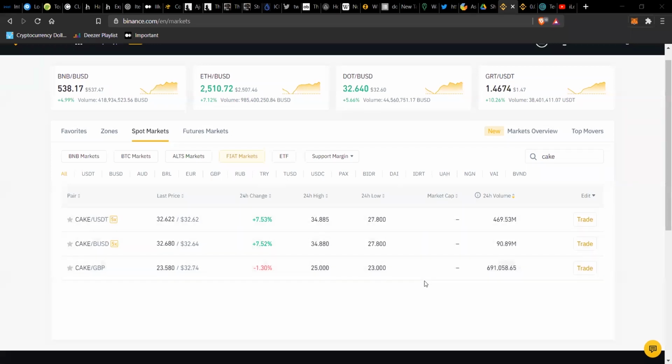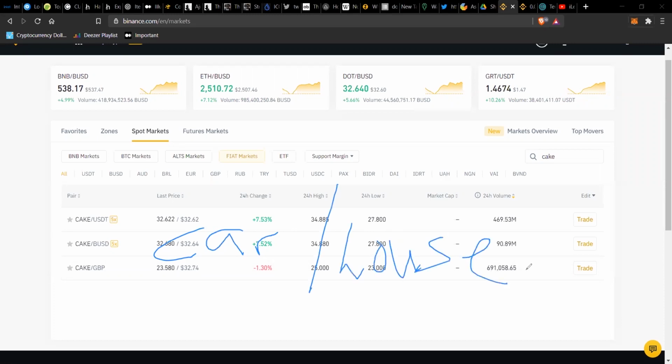Sorry, if I buy, yeah, so let's say, okay, let me just draw it down. So let's say I have this car and then I have this house. So I sell my house to buy a car, the same way you sold your USDT to buy cake. So let's say I sold it for 1 million.